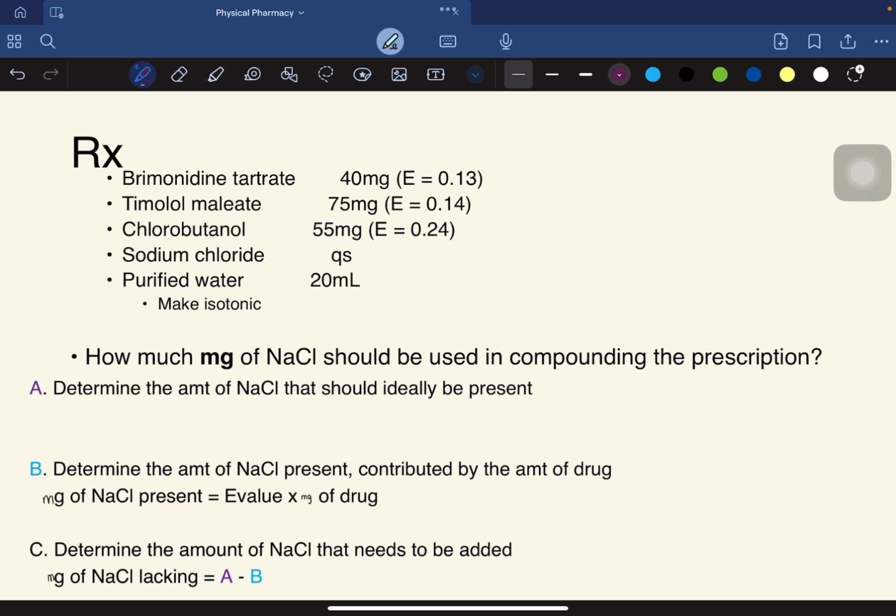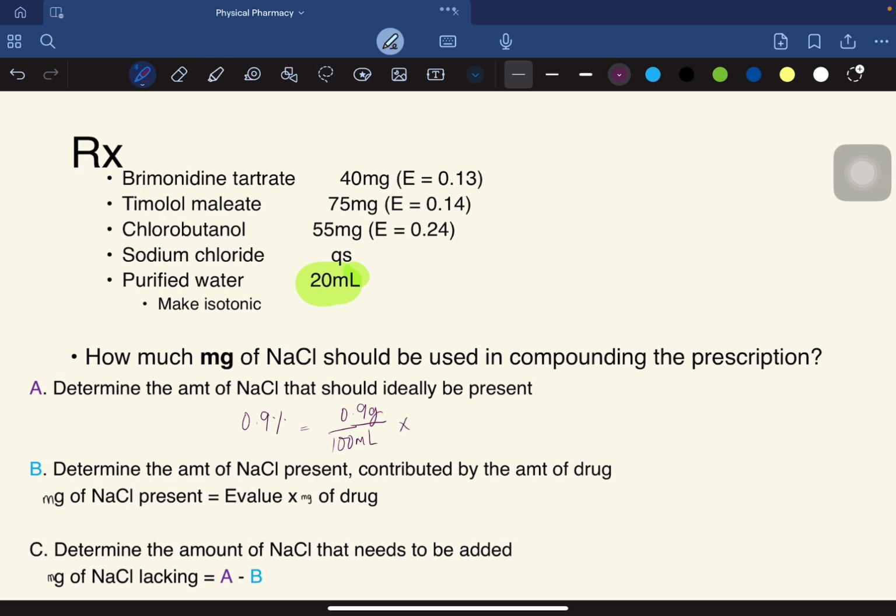Okay, so now let's tackle this type of problem. So paano naman kapag given yung mga E-values pero there are multiple drugs present? Let's first tackle the first step. Similar lang sa previous problems natin, we will have to first determine the amount of sodium chloride that should ideally be present. Recall, kapag isotonic solution tapos sodium chloride, 0.9%, which is equal to 100 ml of fluid over 0.9 grams of sodium chloride. Pero if you look at the volume here, it is 20 ml.